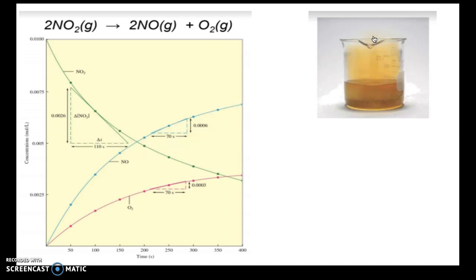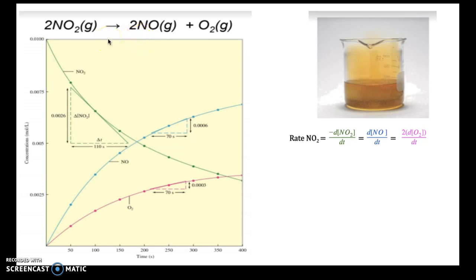Okay, so you may remember this image from part 1, which shows the concentrations of these three species over time. And remember, we can get the instantaneous rate by taking the slope of the tangent line at a given point. In the last example, we talked about the fact that because the coefficients are different, their rates are going to be different.